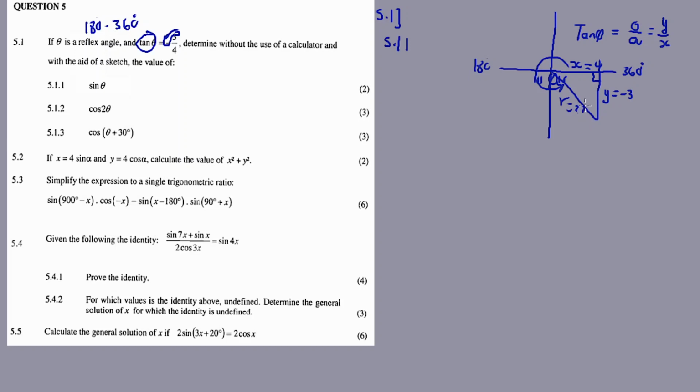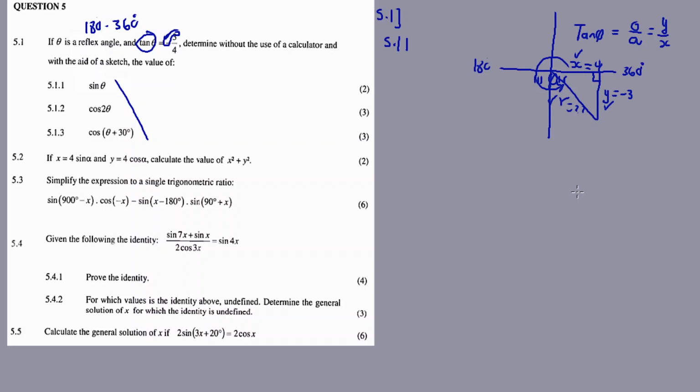What is the value of r? The whole purpose of using a sketch to simplify is so that you can get all of these values, the x, the y, and the r. You cannot get these ratios without the complete triangle, meaning that x must be available, y must be available, as well as r.